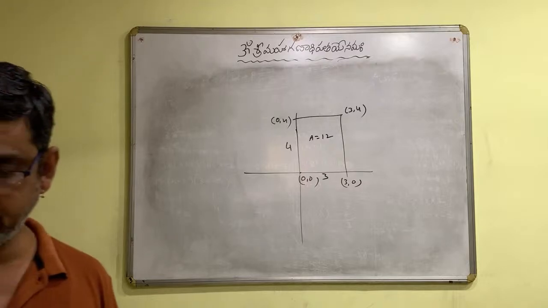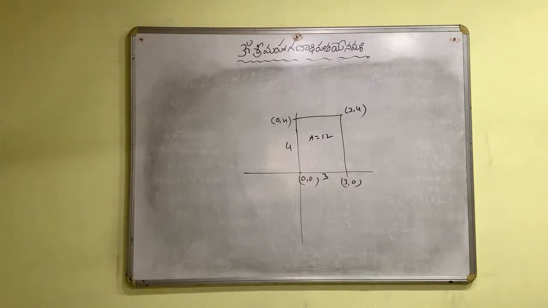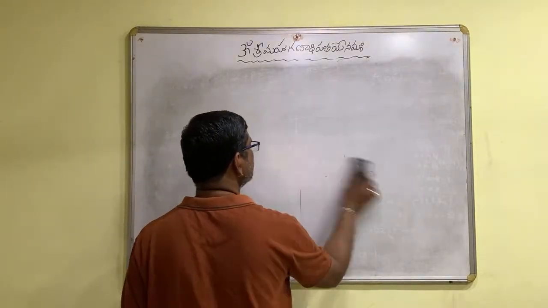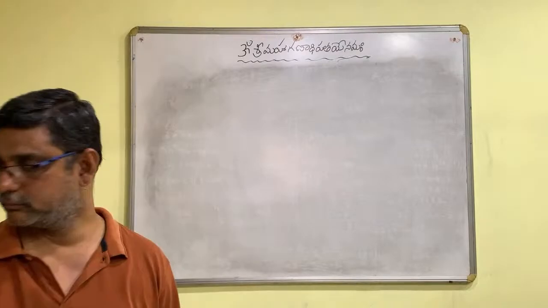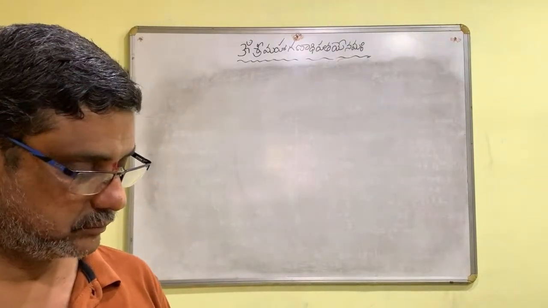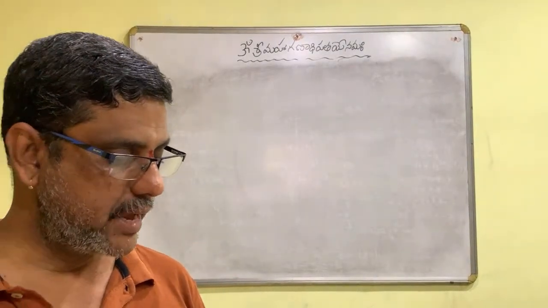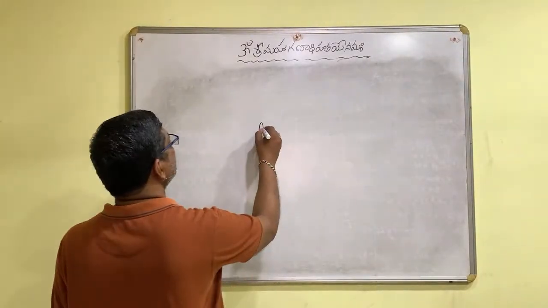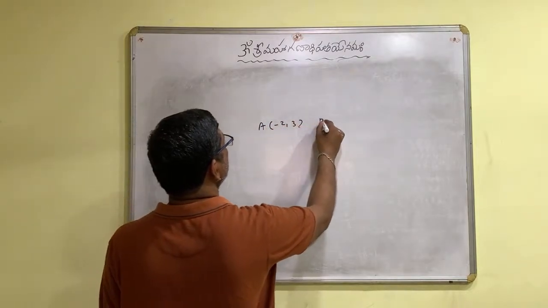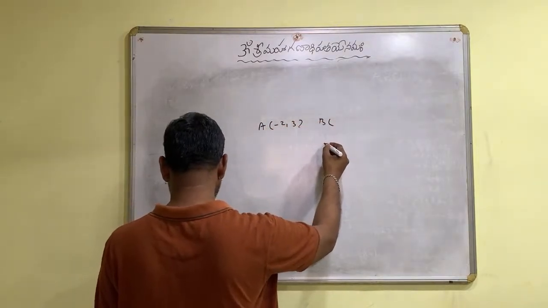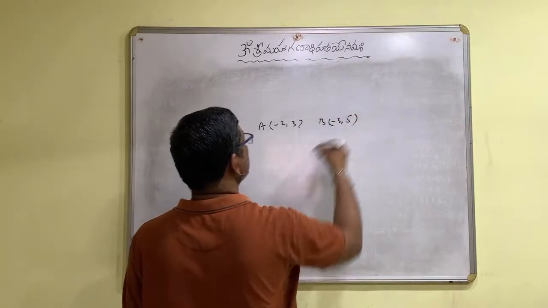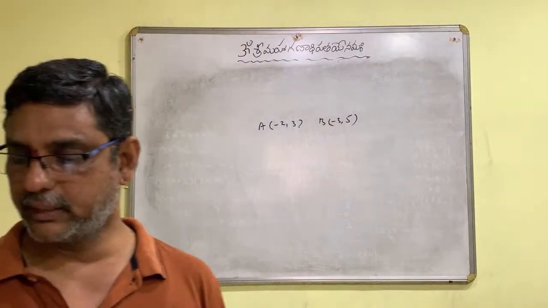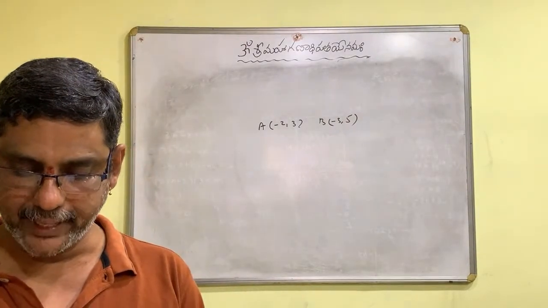See question number 14, children. A is minus 2, 3 and B is minus 3, 5 are two given points.